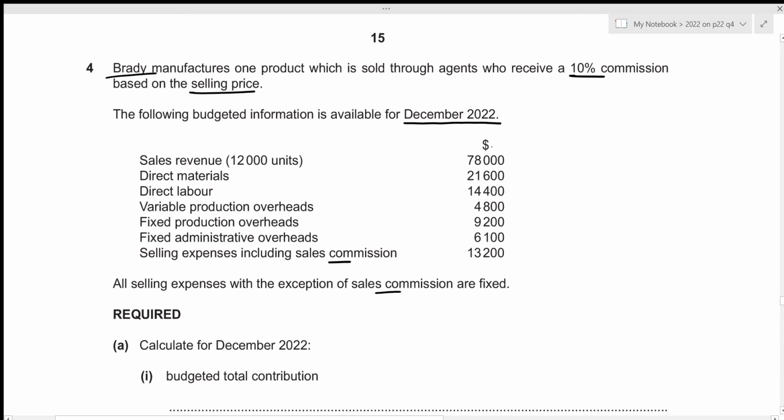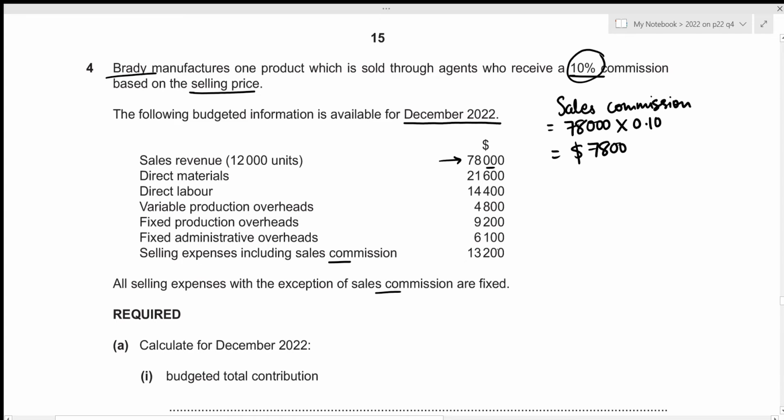So let's figure out the variable sales commission. We already know that the sales commission is 10% of the selling price, right? And we have our total sales revenue right here, which means that the total sales commission is going to be 10% of this value. So that's going to be 78,000 times 10%, which we can write down as 0.10, which results in our sales commission to have the value of 7,800.